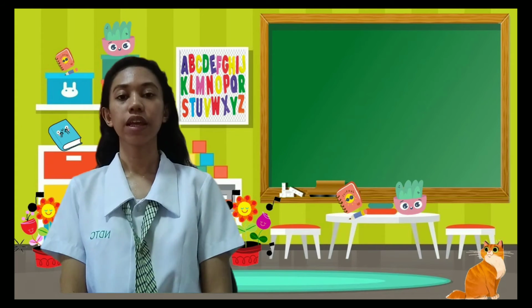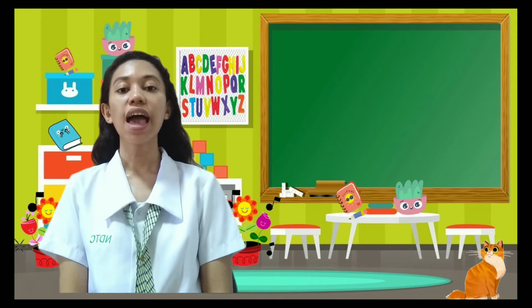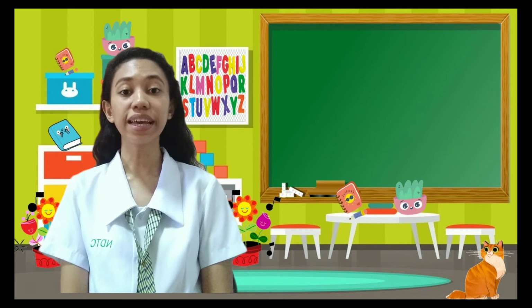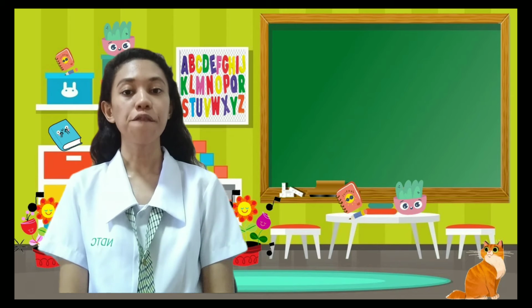For the non-living things that are not classified as living, the following examples are ball pen, jar, chair, and the motorcycle. Very good, class. You were able to identify and classify these things. Can you tell me again the difference between the two? Very good, class.